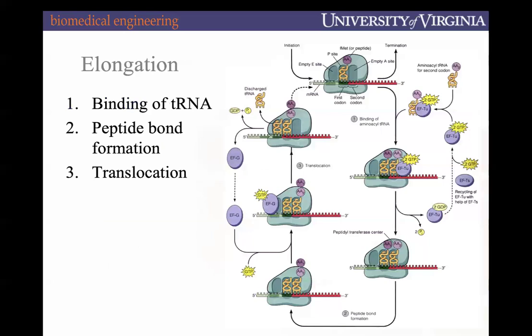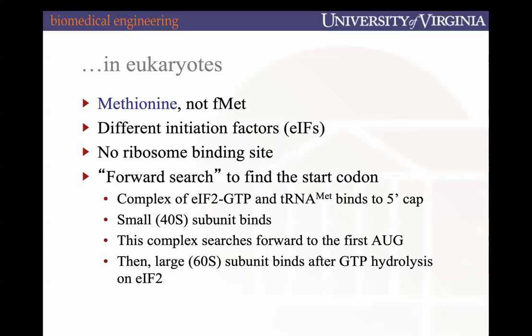Yeah, so because we don't have these ribosome binding sites within the 5' UTR in eukaryotes, instead this pre-initiation complex of the eukaryotic initiation factors, of the transfer RNA loaded with methionine, and the small ribosomal subunit, all that entire complex together will start at the 5' cap and move forward until the start codon is found.